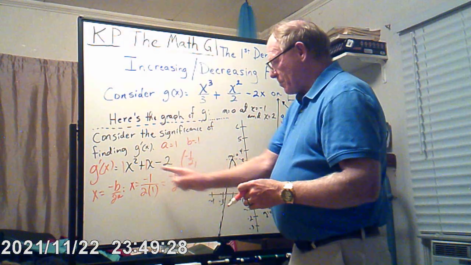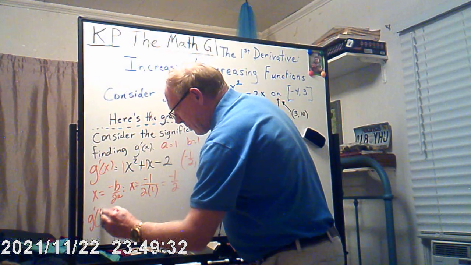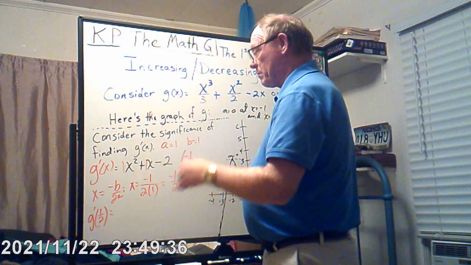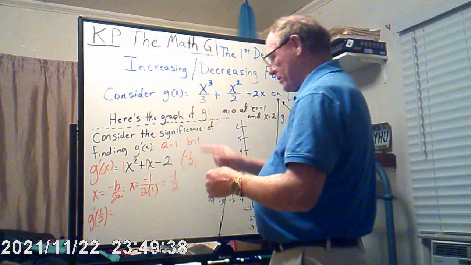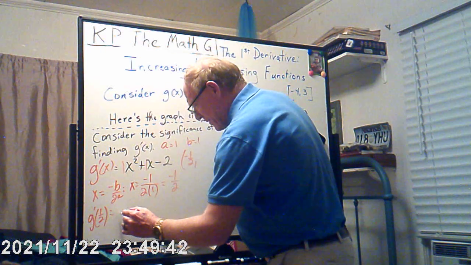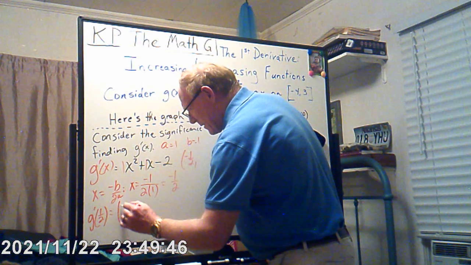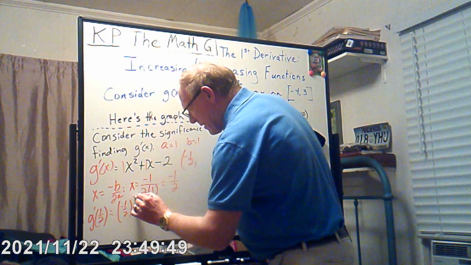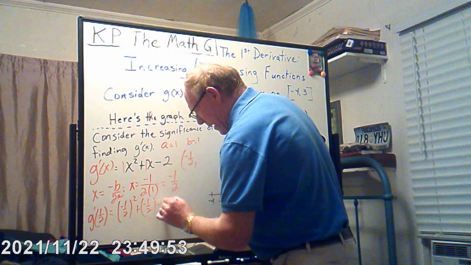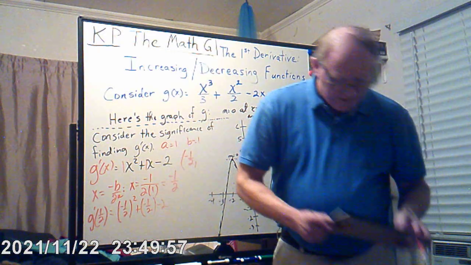Okay, and I want to find the y value. All I've got to do is plug that in. So I want g prime at negative 1/2. Not g, this is g here. I want g prime. So I'm plugging it in here: negative 1/2 squared plus negative 1/2 minus 2, and I've already done the arithmetic.